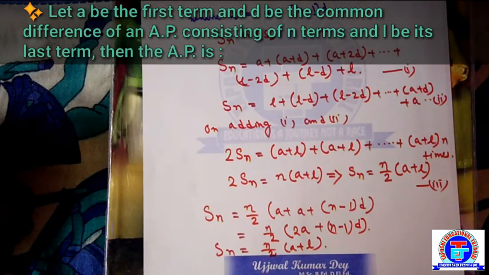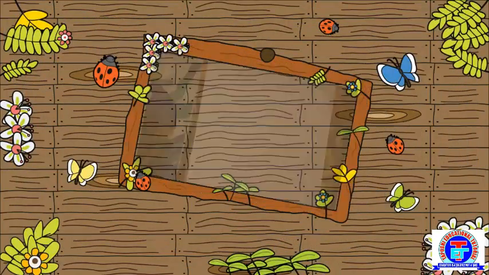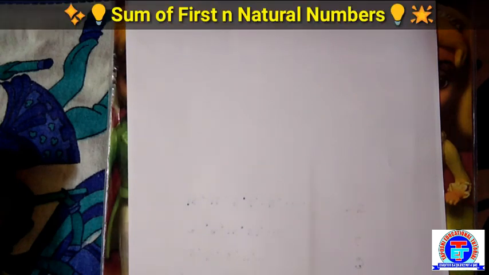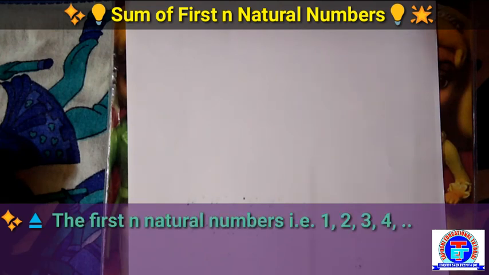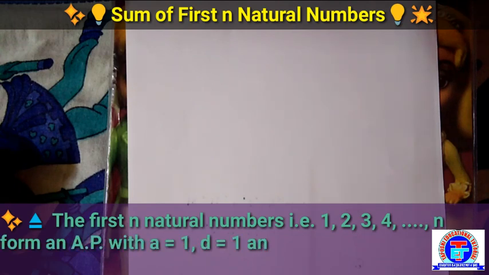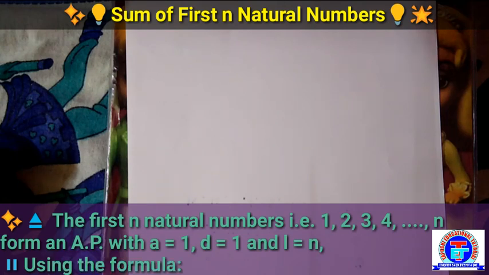I hope you clearly understand the derivation of Sn is equal to n by 2 into (A plus L), right? My dear student, the sum of the first n natural numbers, that is 1, 2, 3, 4, dot dot dot up to n, forms an AP with A is equal to 1, D is equal to 1 and L is equal to n.